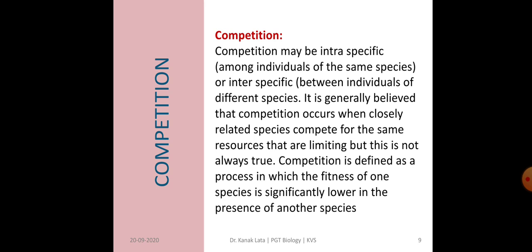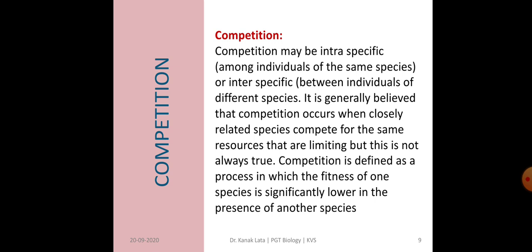Next is competition. Competition may be intraspecific or interspecific. Let us see the differences between intraspecific and interspecific. Intraspecific means among individuals of the same species, whereas interspecific is interaction between individuals of different species. This is the main difference between intra and inter.